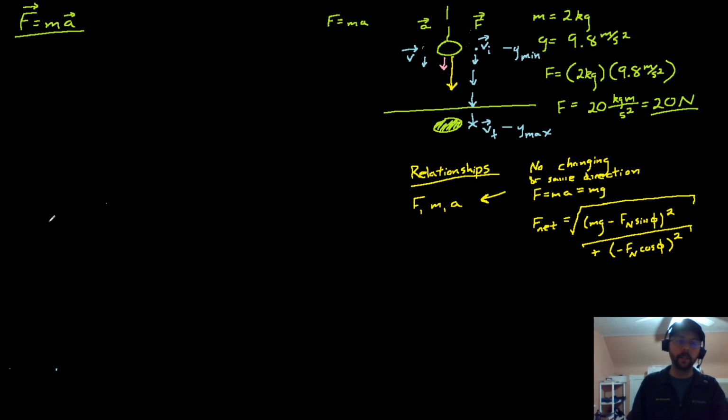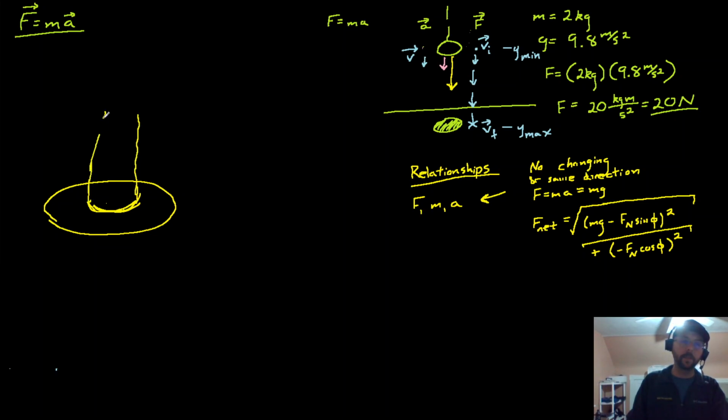So if you had this represents some ground, and maybe you had a rocket like this. Gonna be a real simple looking rocket.